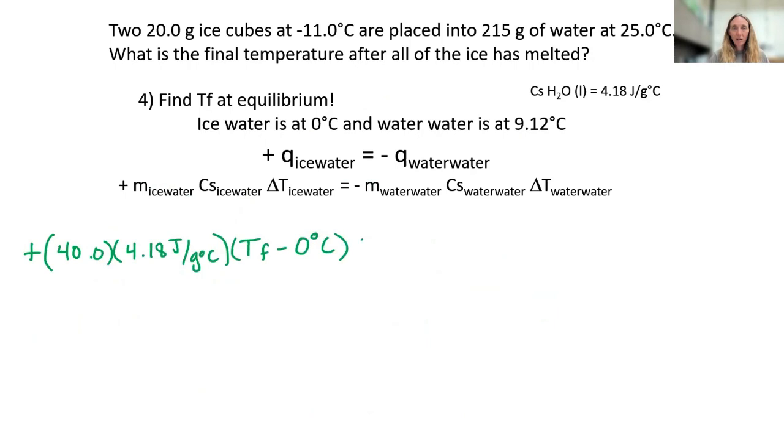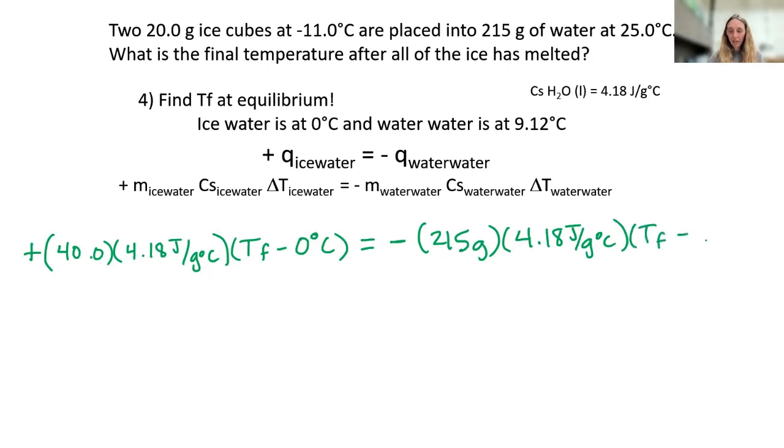Okay, so that's going to equal negative, and now we're back onto the other side with just the water, of 215 grams times the specific heat, which is 4.18 joules per gram degrees Celsius, times delta T, which is temperature final, minus the initial temperature, which is 9.12 degrees Celsius.